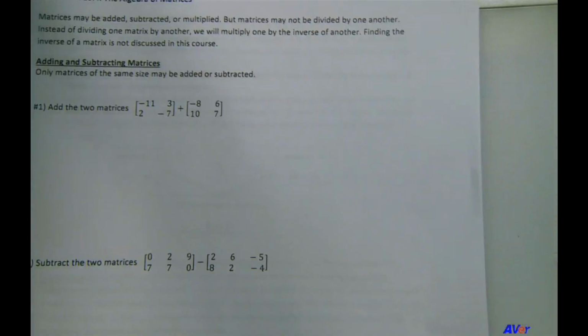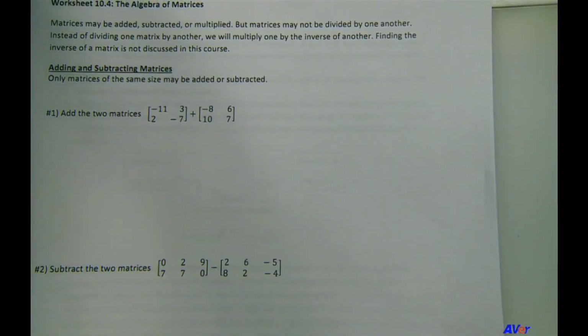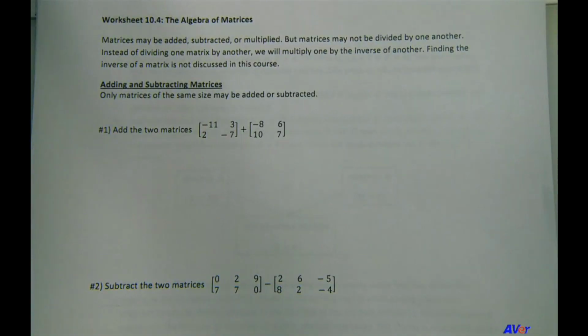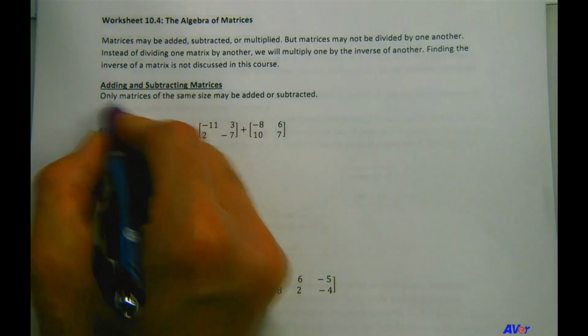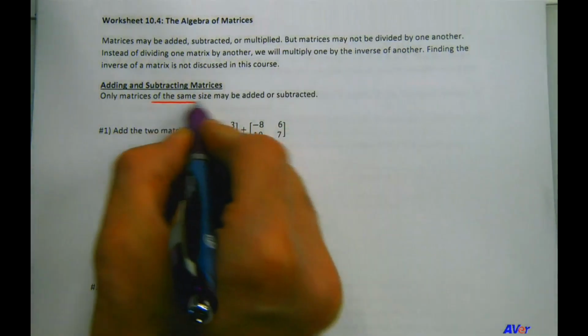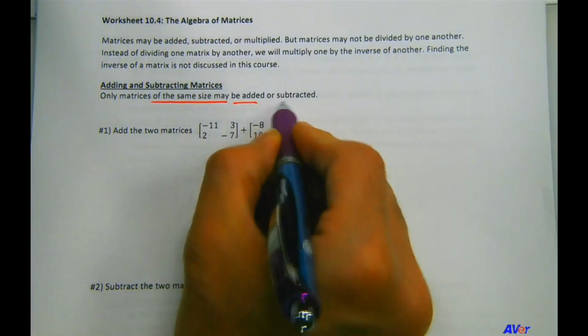So the algebra of matrices, we're going to start with something easy, such as adding two matrices. One thing that we should make sure of is that only matrices of the same size may be added or subtracted.